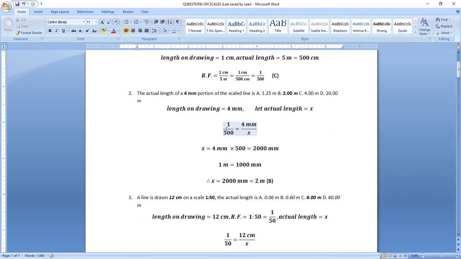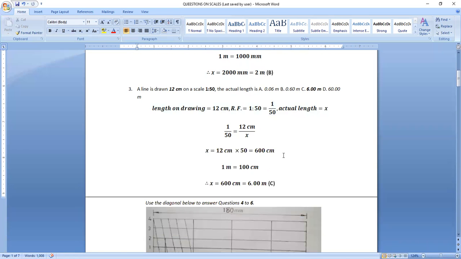So we are now equating it to length on drawing over actual length, and going forward, we have X to be equal to 2000 millimeters. And as we know that 1 meter equals 1000 millimeters, that gives us the actual length to be 2 meters, which is option B as we have here.